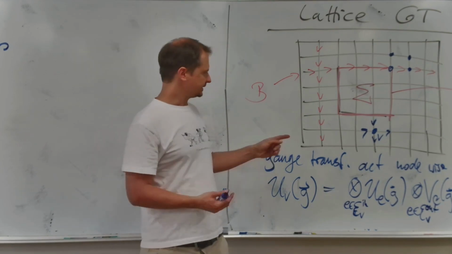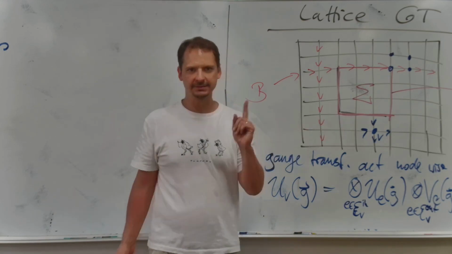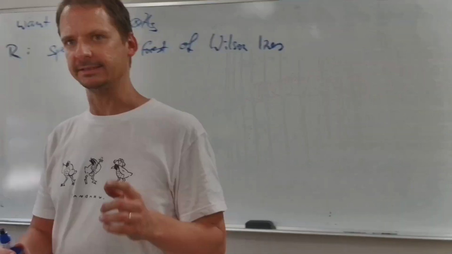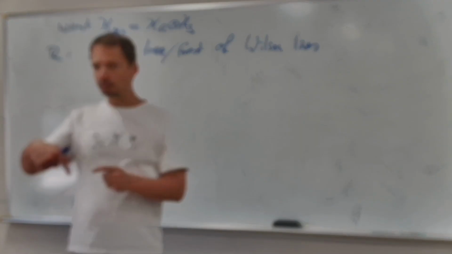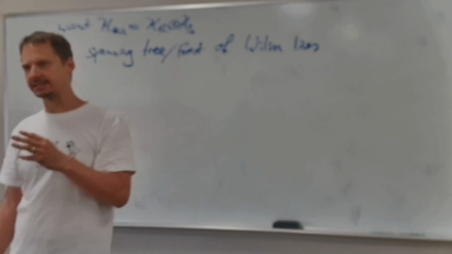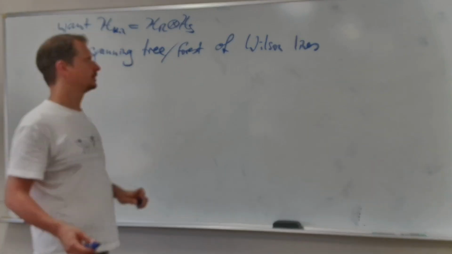Then what I want is a congruence of Wilson lines that hits every bulk point once and only once, and if it is a tree or spanning forest, it means there are no loops contained in that set of Wilson lines, so there are no bulk gauge invariant degrees of freedom in that.